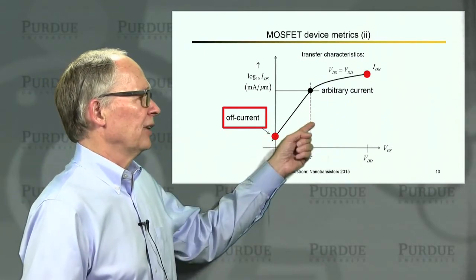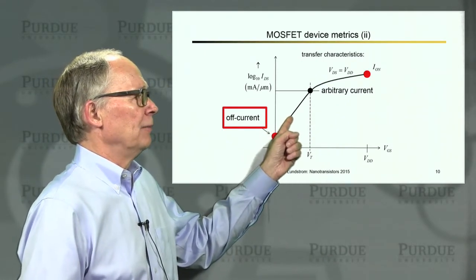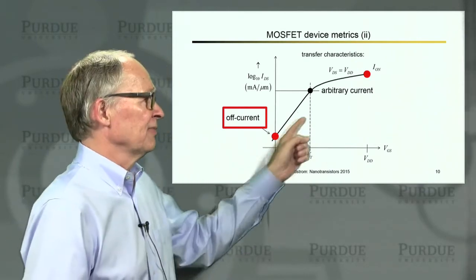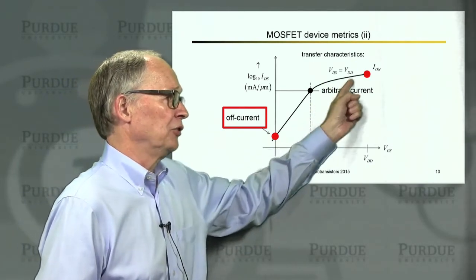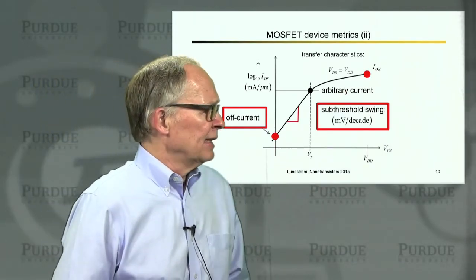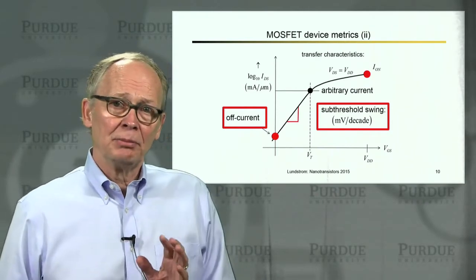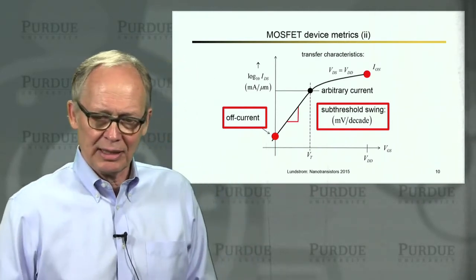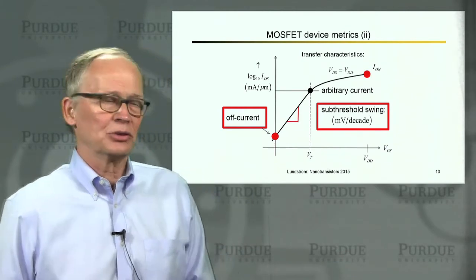Okay, now an important thing to understand is that below threshold, the current goes exponentially with gate voltage. Above threshold, it behaves much more slowly, and we'll talk about that a little bit later. Now, below threshold, there is an important device parameter that device designers worry a lot about, and that's something called the subthreshold swing.